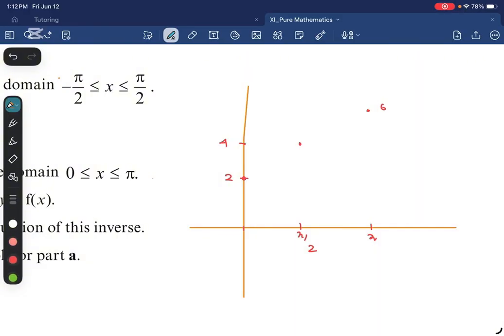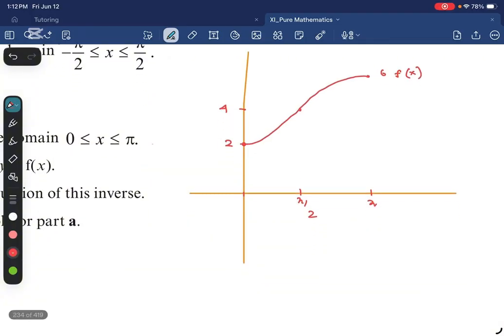So my graph for f of x looks something like this. Now y is equal to x is going to look something like this.